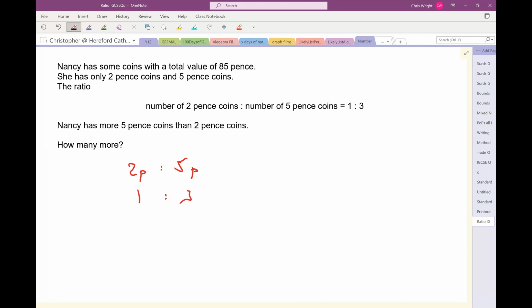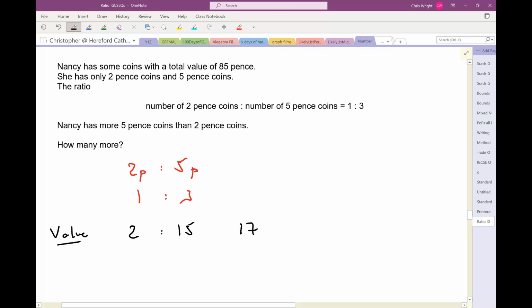So the value of those coins, let's do that in black. She has 2 pence in 2 pence coins for every 15 pence she has in 5 pence coins, because she has 3 5 pence coins. So this black writing is about the value of the coins. 2 pence to 15. That's a total of 17 pence, right?